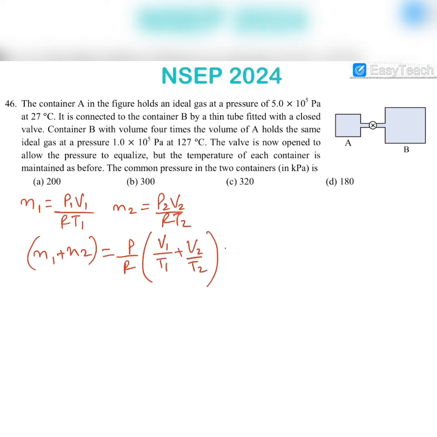So we can equate these two. So it is P1 V1 upon T1 plus P2 V2 upon T2, and 1 by R is common.